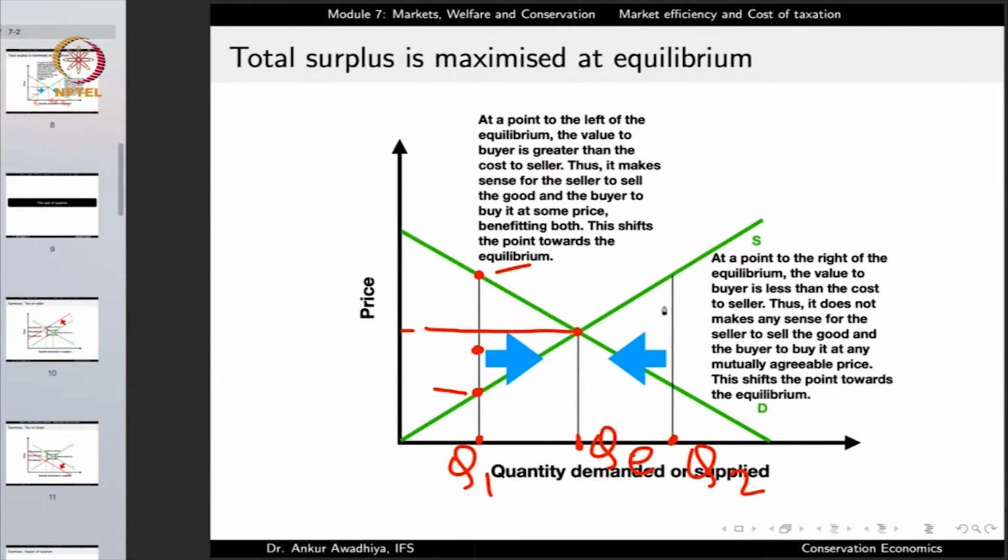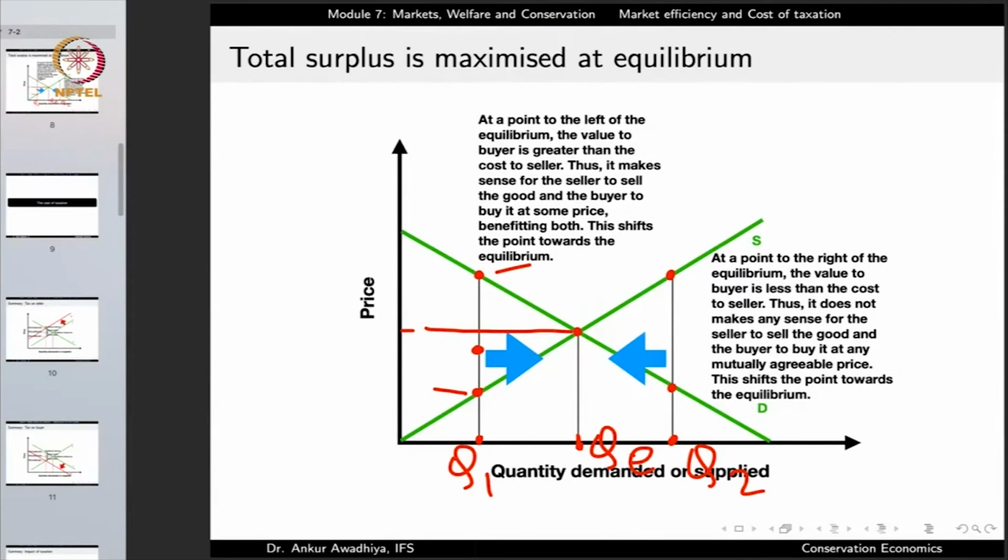Now at this quantity, the value to the buyer is this, and the cost to the seller is this. So it costs more to the seller, and the buyer values it less. Now, at any such point, to the right of the equilibrium, the value to the buyer is less than the cost to the seller. Thus, it does not make any sense for the seller to sell the good and the buyer to buy it at any mutually agreeable price.